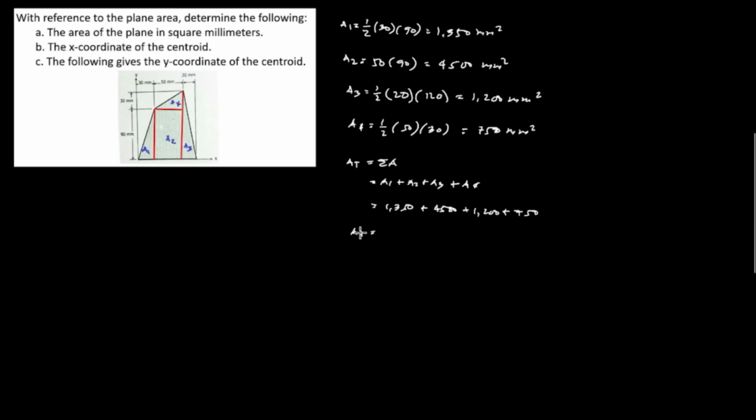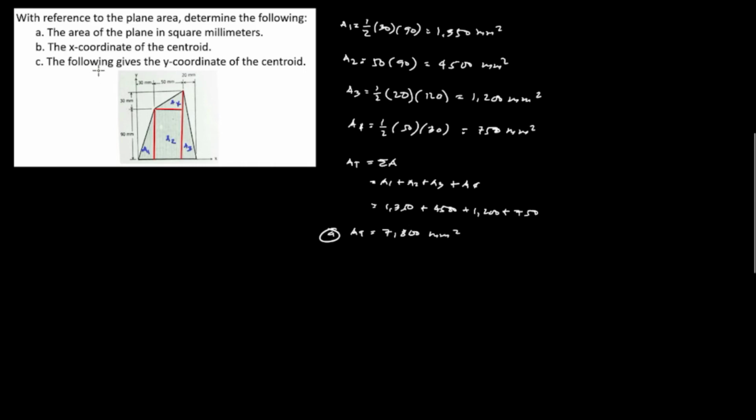So 1350 plus 4500 is 5850, plus 1200 plus 750, so the total area is 7800 millimeters squared. The area of the plane is equal to 7800 millimeters squared. So this is letter A.